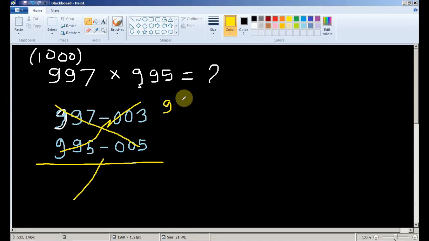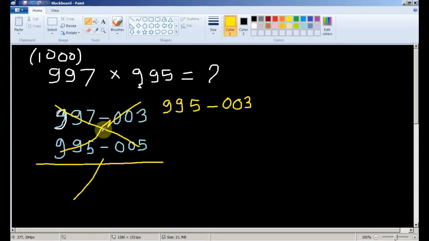So 995, if I do it this way, 995 minus 003. The minus reminds us that when we do a cross operation, it is going to be a subtraction.